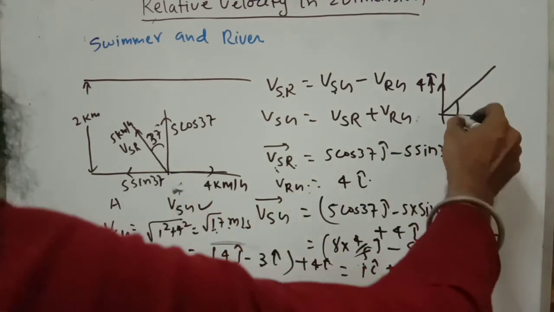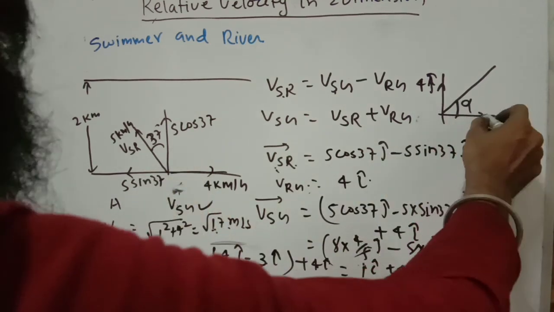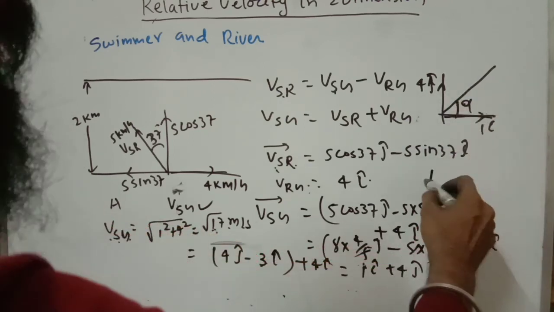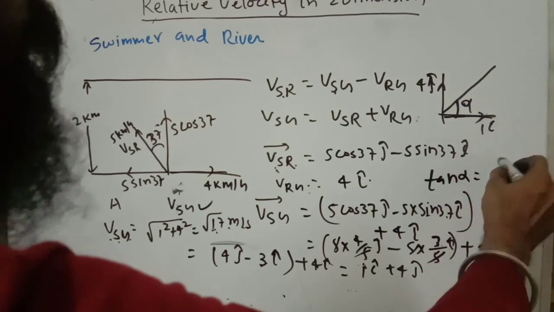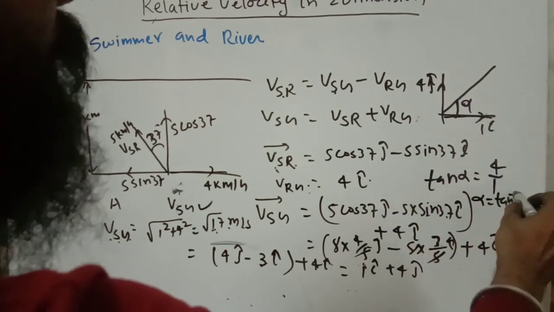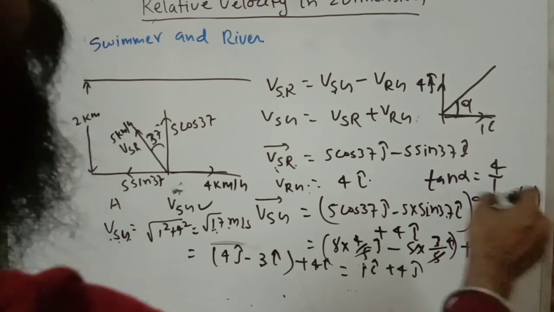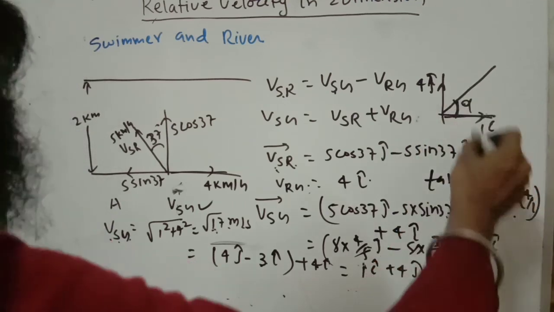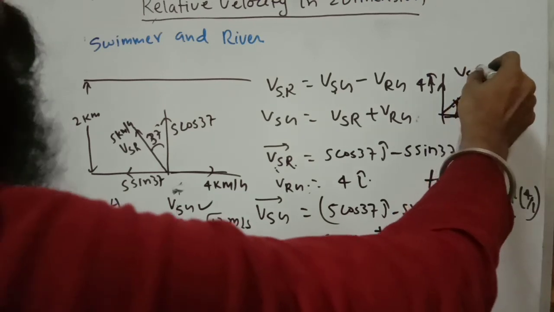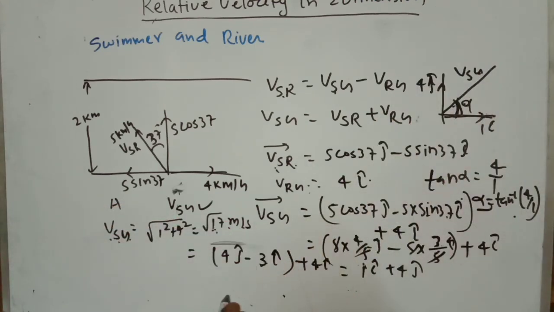Taking this axis along the river velocity, we consider alpha, so tan alpha is 4 by 1, so alpha equals tan inverse 4 by 1. This is the resultant direction of the velocity of the swimmer with respect to ground.